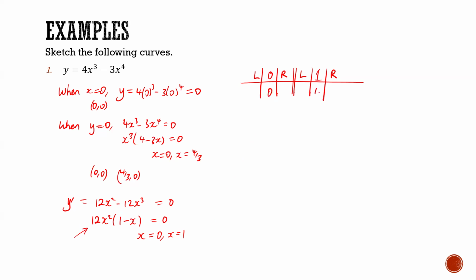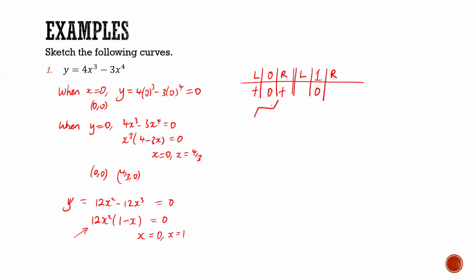We know that here it's going to be 0 and that's going to be 0. Now realize that to the immediate left of 0, this is going to be positive, and to the immediate right of 0, this is still going to be positive. And hence we have a point of inflection right there.